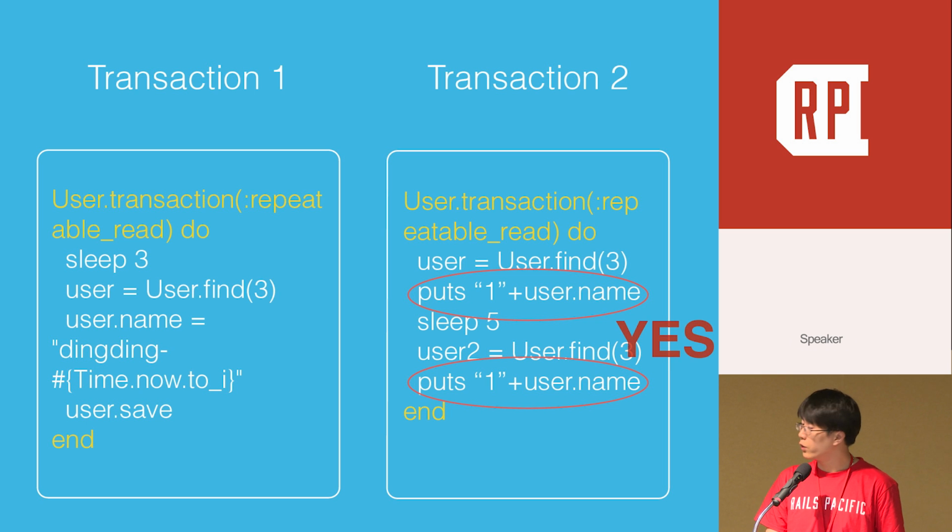So it will return yes. If the transaction isolation level is repeatable read, it will return the same value. And this is the default in MySQL. So it acts differently in MySQL and PostgreSQL. You should know this when you use a database, to know how transactions work.